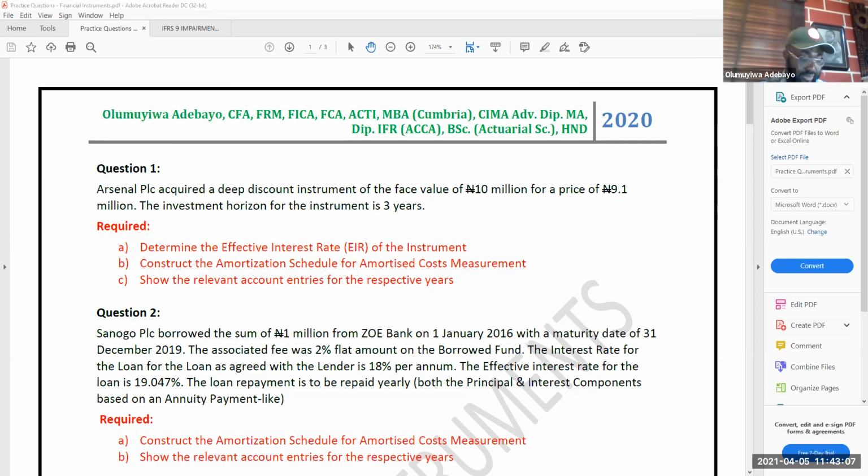Okay. Now, what do you mean by a deep discount instrument? Who can explain? Let us start. What is a discount instrument?